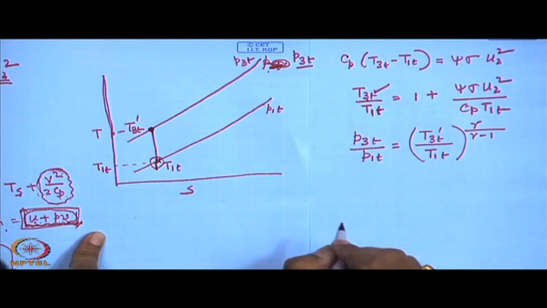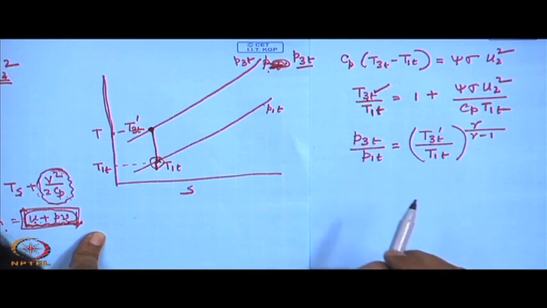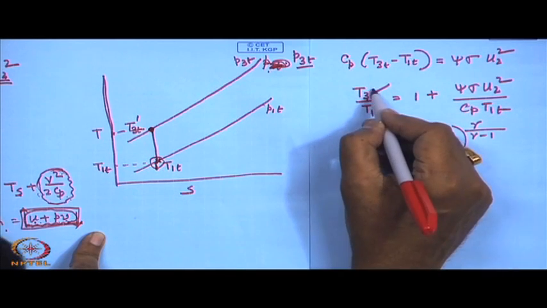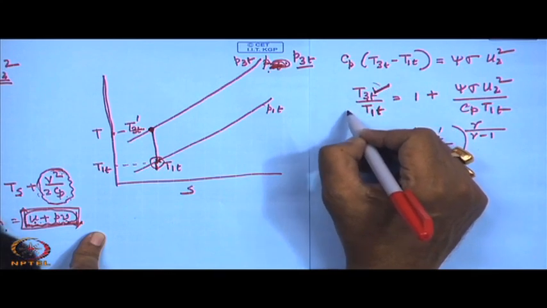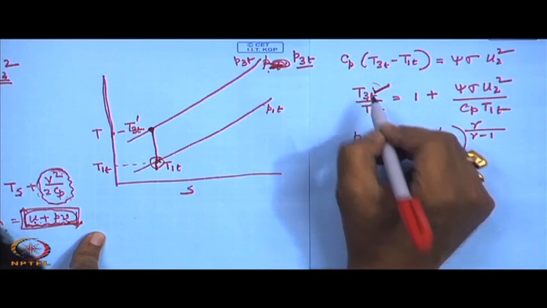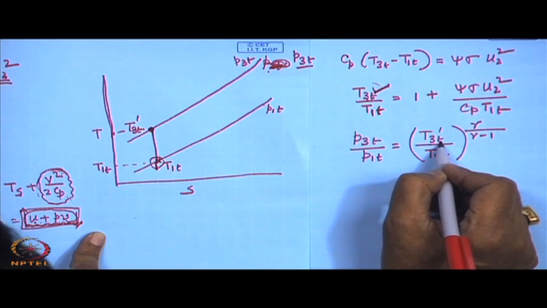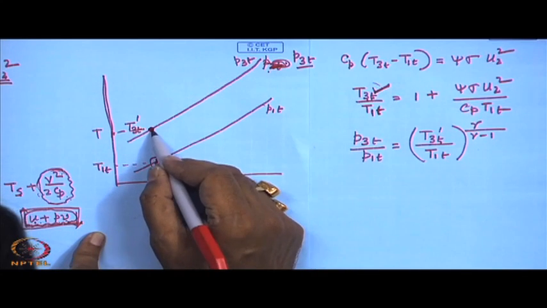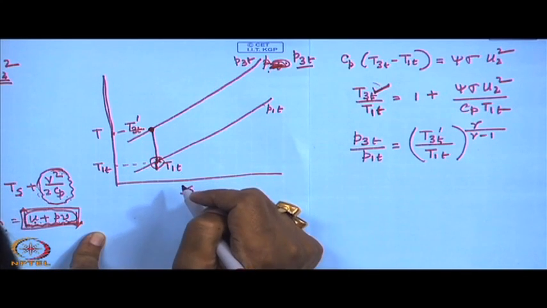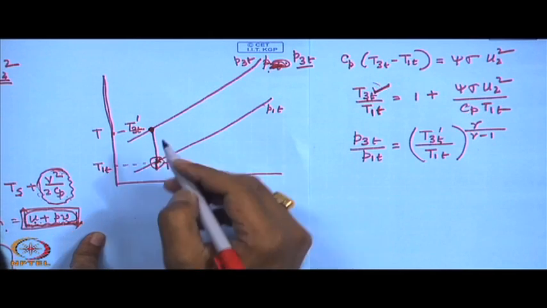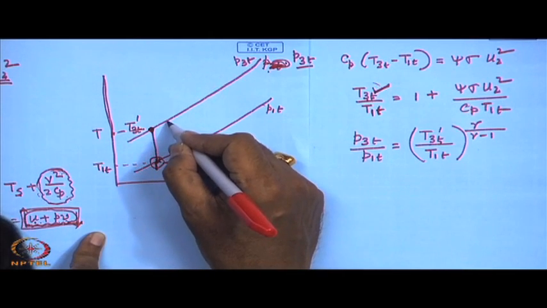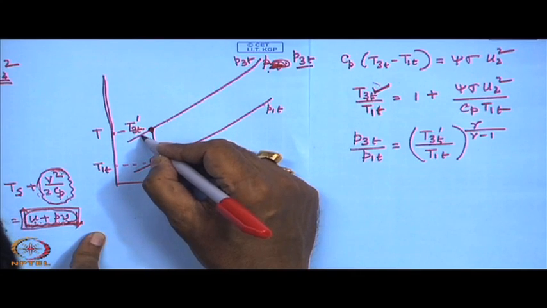This is the isentropic process relation between pressure and temperature. But the actual T3T, that is the temperature at the outlet of the diffuser, that is outlet of the compressor, is different from that of the isentropic process. Actual process is not isentropic. So, what will be the actual process? Actual process will not be vertical. There may be two options, the process may be like this or the process may heel towards left.